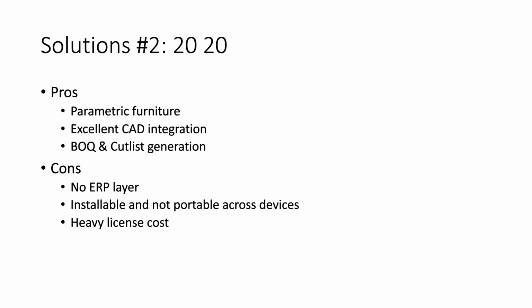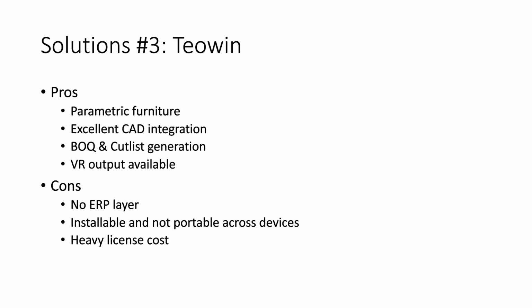The next solution that we are going to look at is 2020. Even in 2020, the advantages are parametric furnitures, excellent CAD integration, bill of quantities, and cut list generation. However, it also lacks the ERP layer. It's purely a desktop software, it's installable, and it is not portable across devices. And finally, similar to Microvellum, it also incurs a heavy license cost.